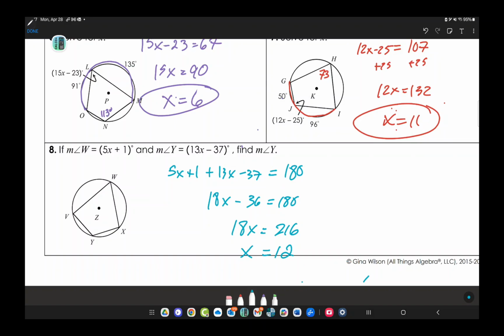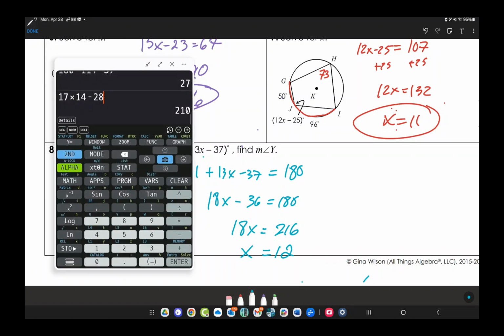Now they want angle Y, so 13 times 12 minus 37. Let me calculate that. 119 degrees.